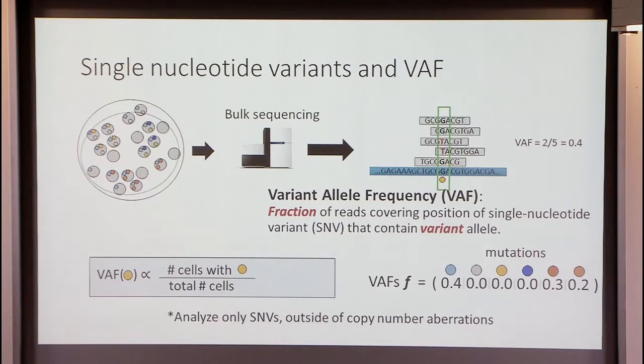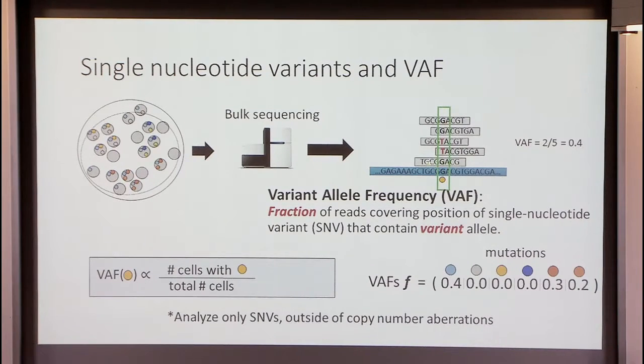But even doing that, we're losing information, because if you recall in the previous lecture, when we were talking about detecting single nucleotide mutations, we had these reads that were telling us whether or not the mutation was there. But more importantly, we can look at the reads and actually count up how many reads have the somatic mutation. This is the so-called variant allele frequency.